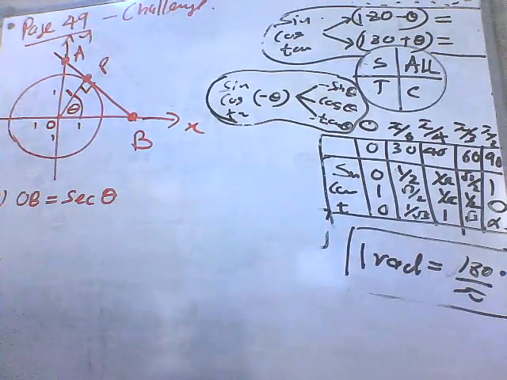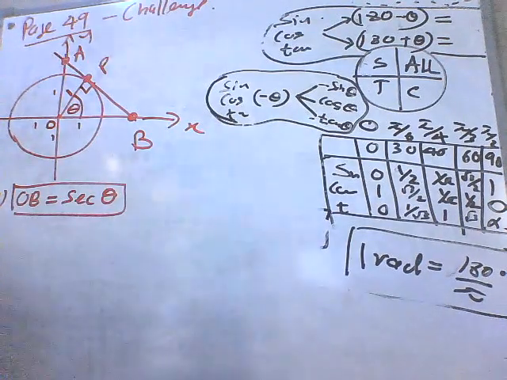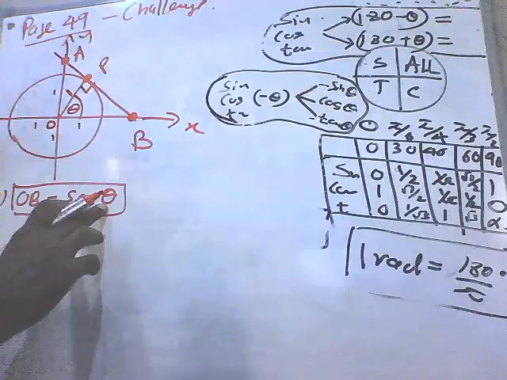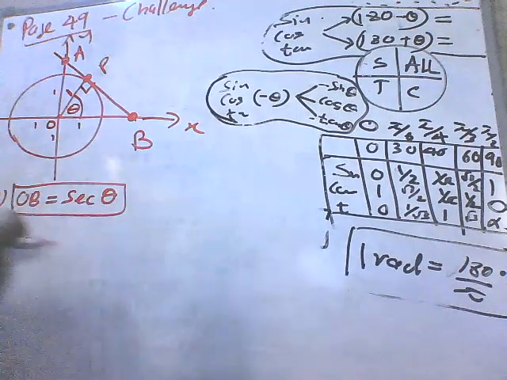Sec theta is going to get involved, which means if we find cos theta, we will be able to sort this out. How is the OB?